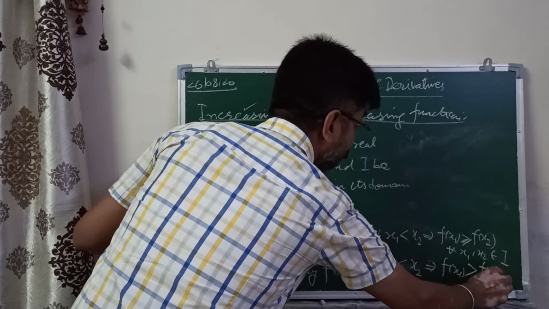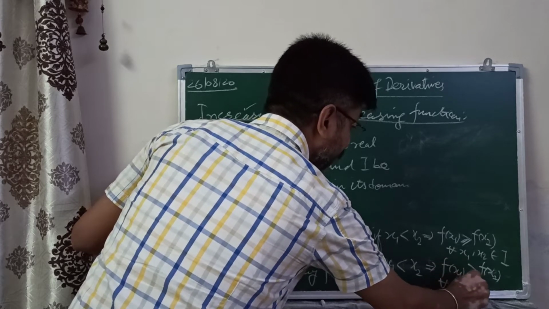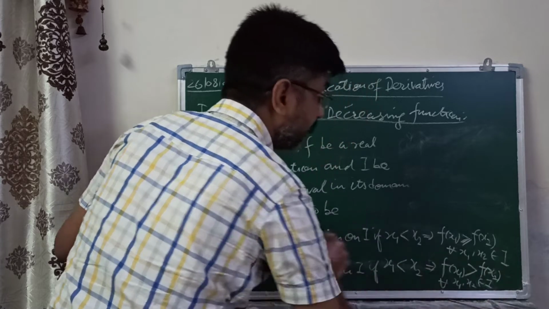There is no chance of equality here. Every x1, x2 belongs to I.